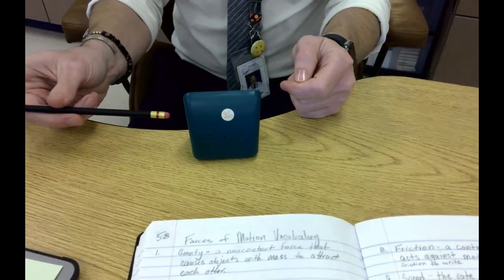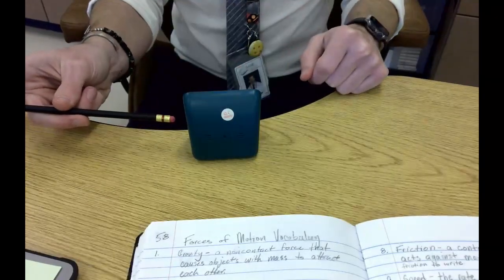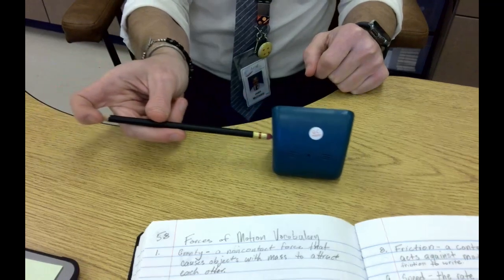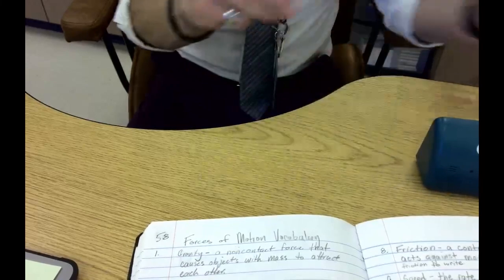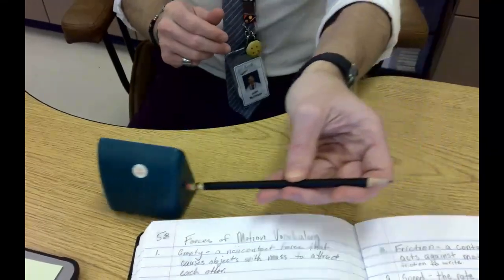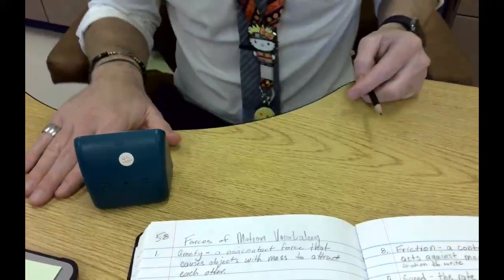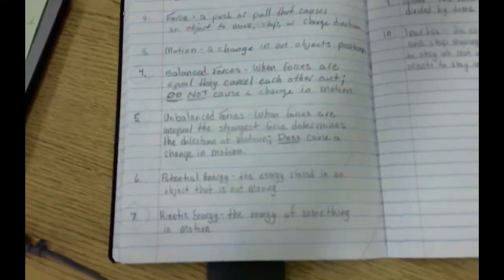But as we move it, I am now converting potential energy, where it's still, into kinetic energy. Because remember, kinetic energy is motion. If we have motion, then we know that we have kinetic energy. All right? So anytime something is still, it's potential energy. Anytime something is moving, it is kinetic energy.